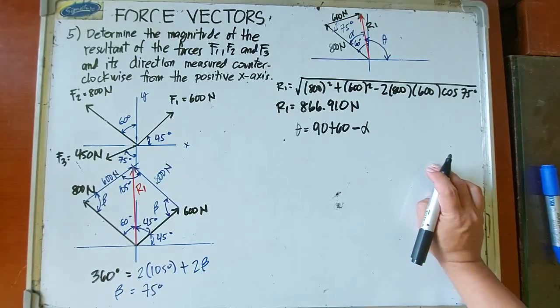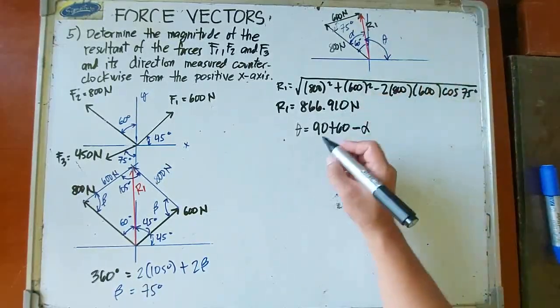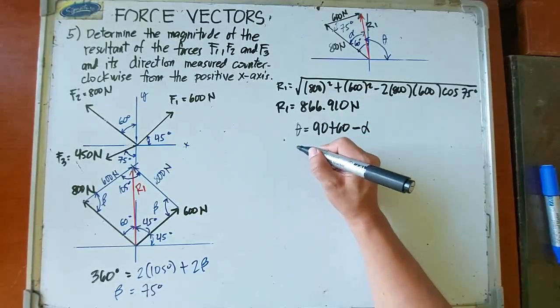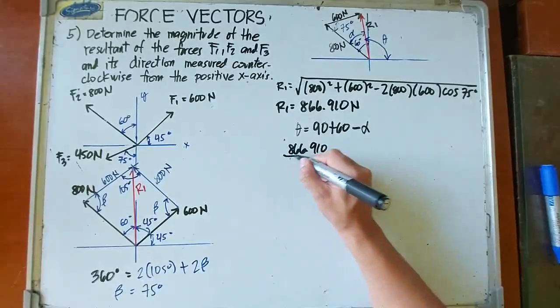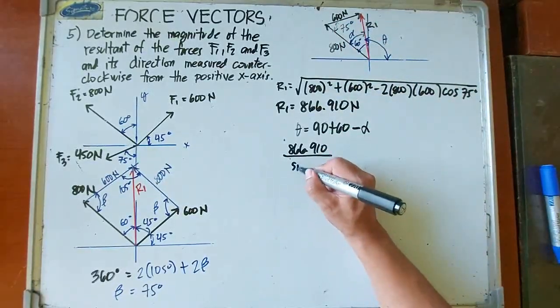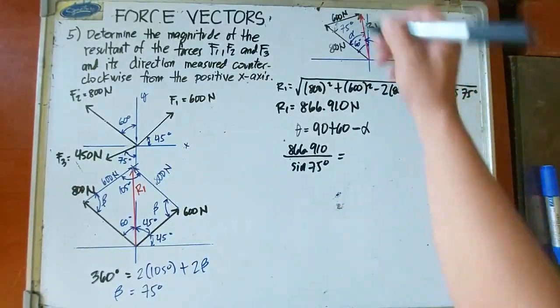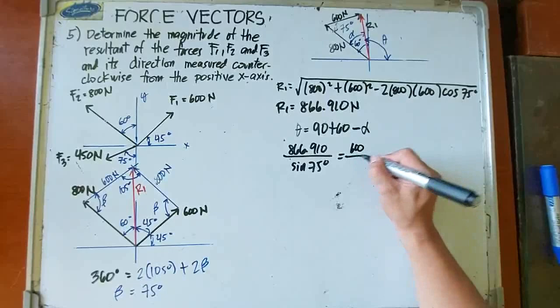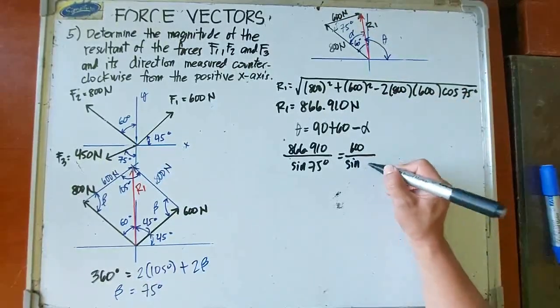I think it's more convenient to use sine law since we have solved for R1 already. So R1 is 866.910 newtons divided by the sine of the opposite angle, which is 75 degrees, should be equal to 600 divided by sine of the opposite angle, which is alpha.